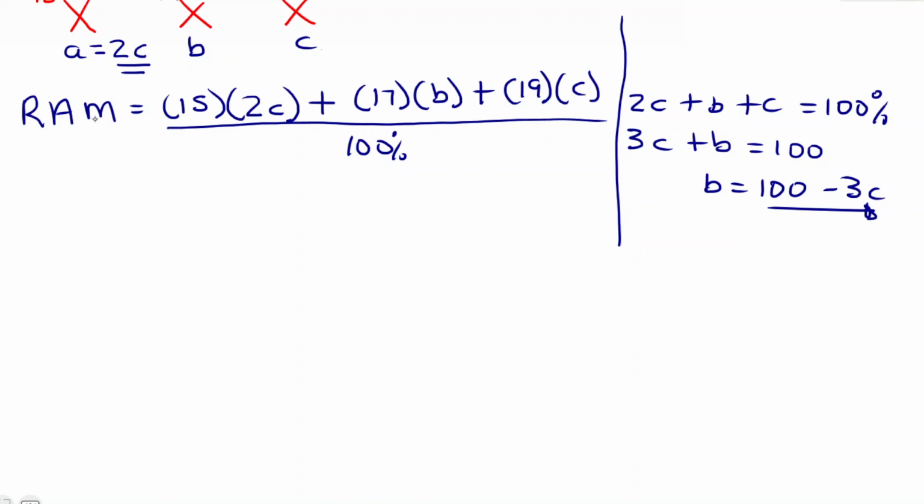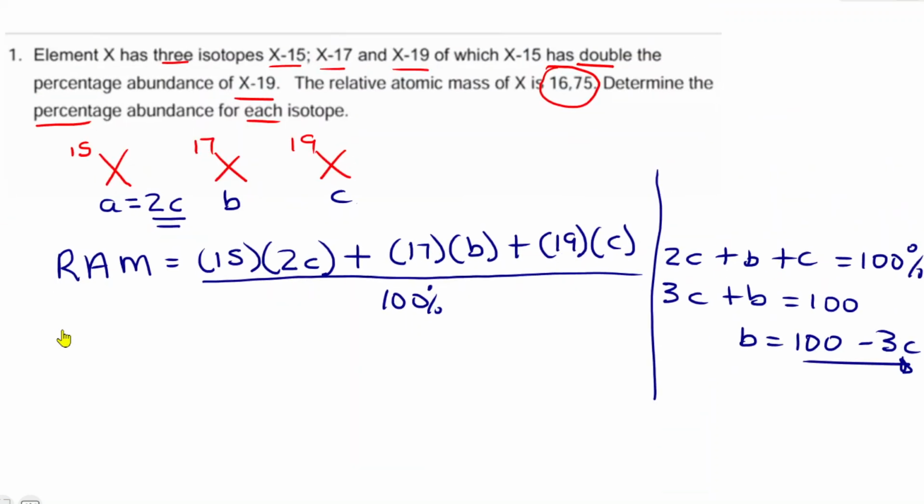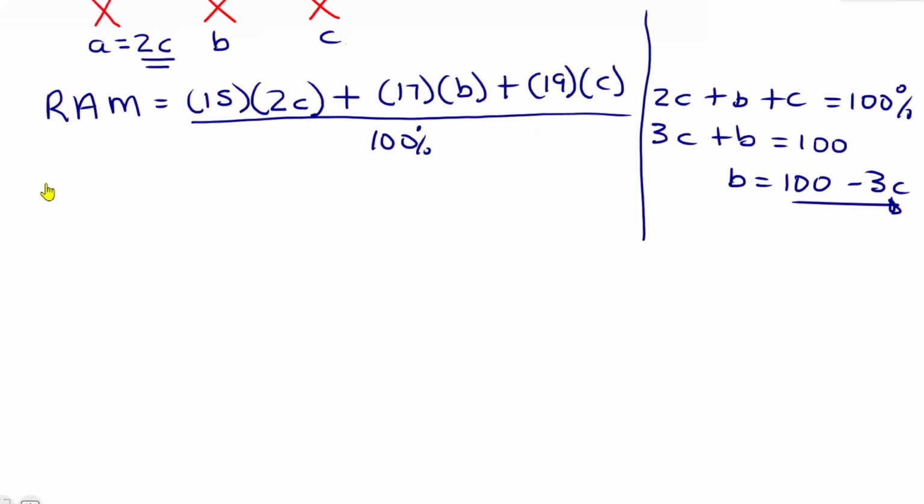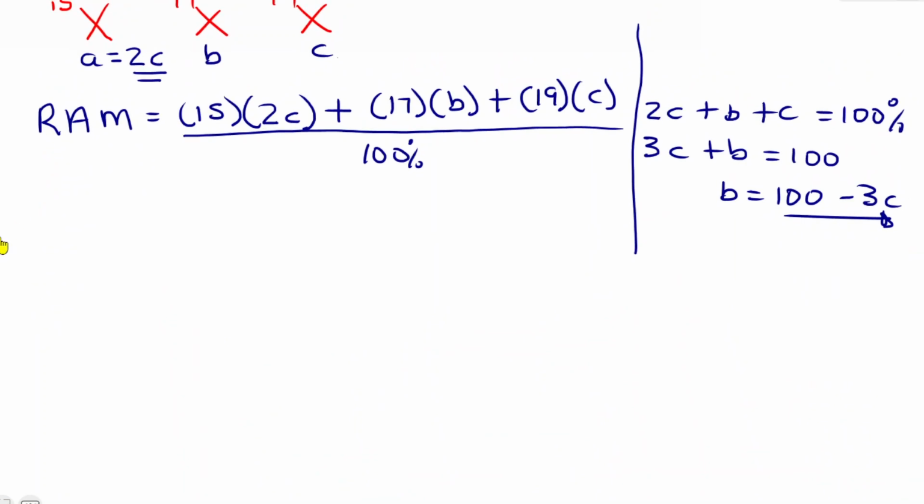Now let's go and substitute. They told us that the relative atomic mass is 16,75, so let's substitute that one.